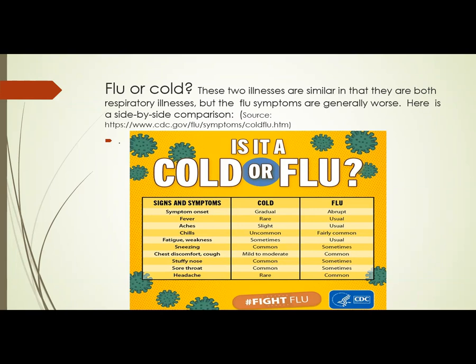They can both make kids feel pretty lousy, but the flu does tend to be more intense and it's more likely to lead to complications. This is a handy little chart. You can search for this on the internet and print it off so that people at your center can easily know the difference.